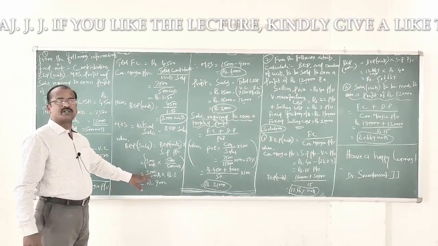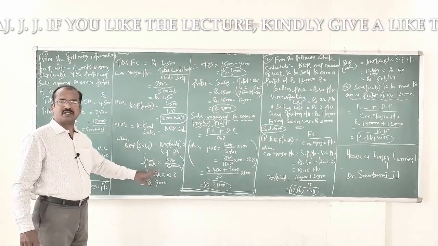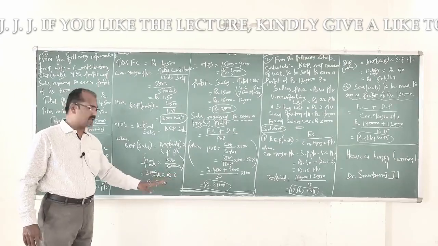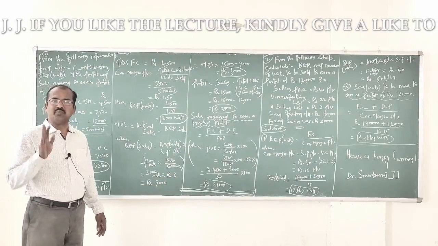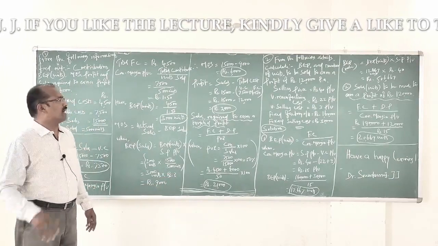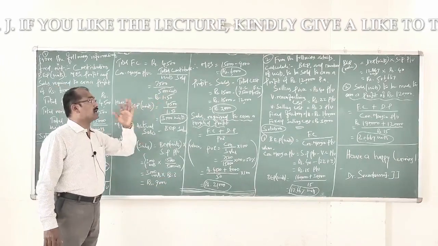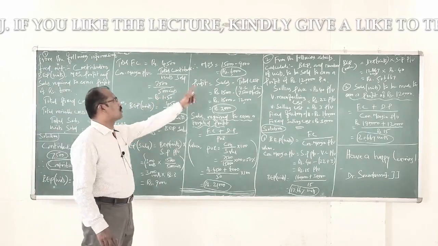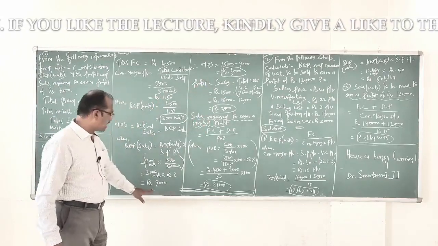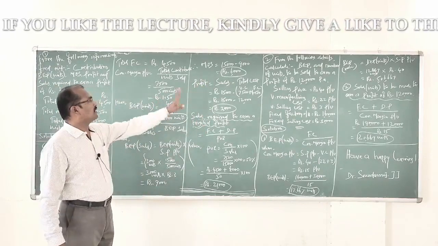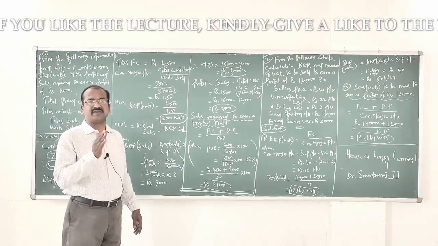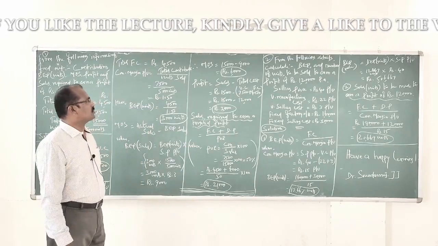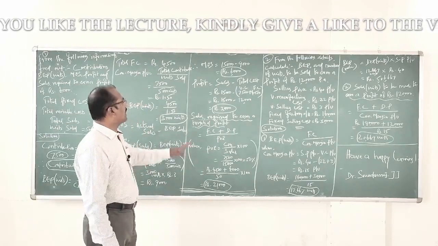So 3,000 units, which is BEP in units, into selling price per unit rupees 3, gives us 9,000 rupees. That's the amount of break-even point sales in value. Now let us calculate margin of safety. Actual sales 15,000 minus break-even point sales in value 9,000. Therefore, the answer for margin of safety is rupees 6,000.